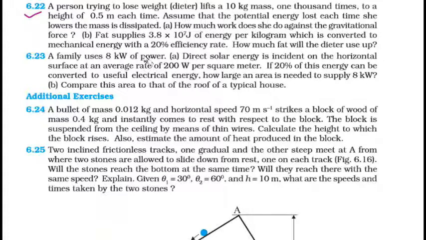B. Fat supplies 3.8 multiplied by 10 to the power 7 joule of energy per kilogram, which is converted to mechanical energy with a 20% efficiency rate. How much fat will be used up? So let us see the solution.